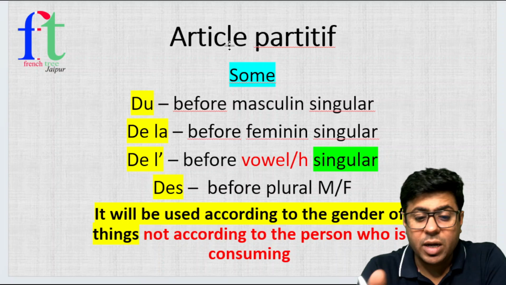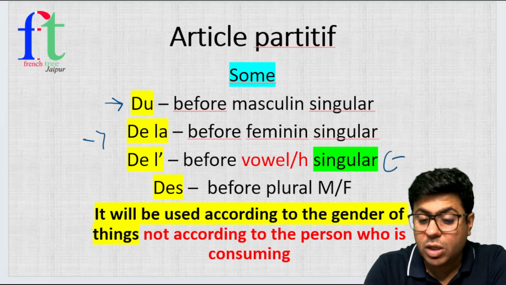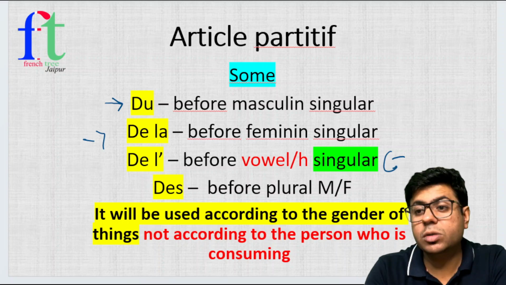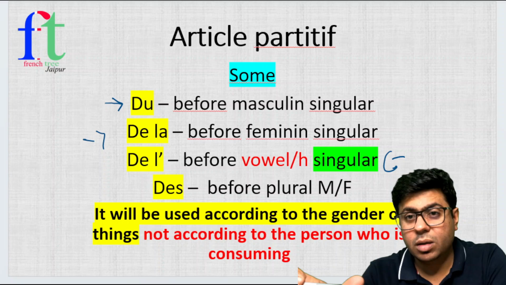If my noun is feminine, then I use de la. If it starts with a vowel, and it must be singular, I use de l' with apostrophe. It means the l takes its pronunciation together with the next noun. For example, de l'eau. We pronounce it all together. Then des for plural.